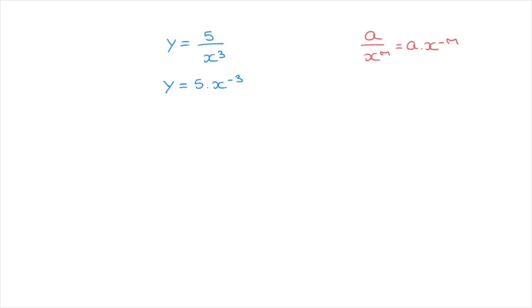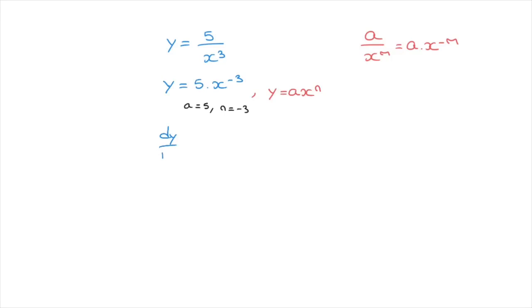We can now see quite clearly that we can compare this equation to y equals a times x to the power of n, where a is equal to 5 and n is equal to negative 3. And so using the power rule for differentiation, we find the following.